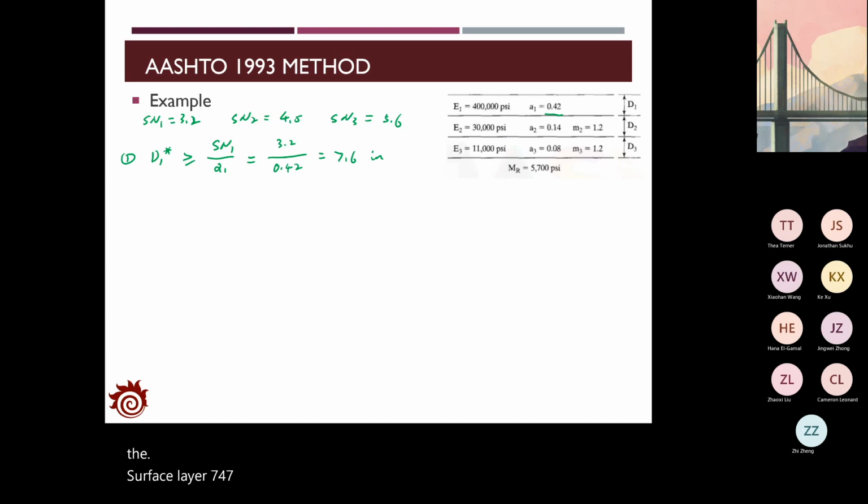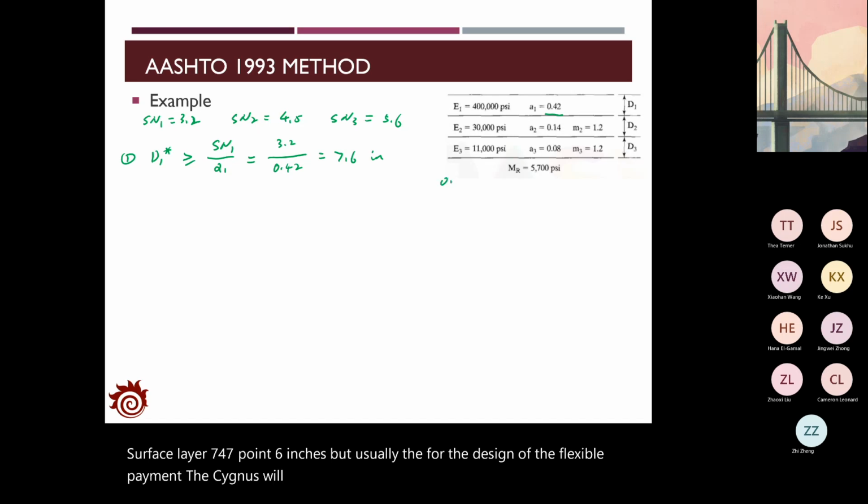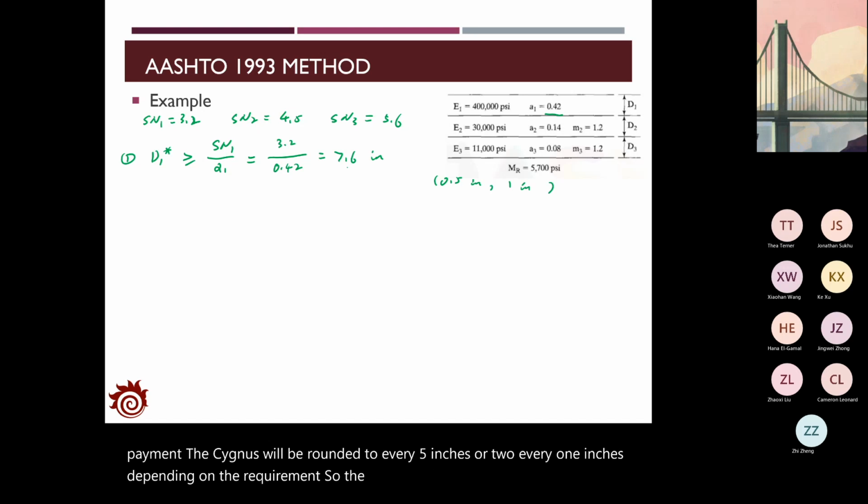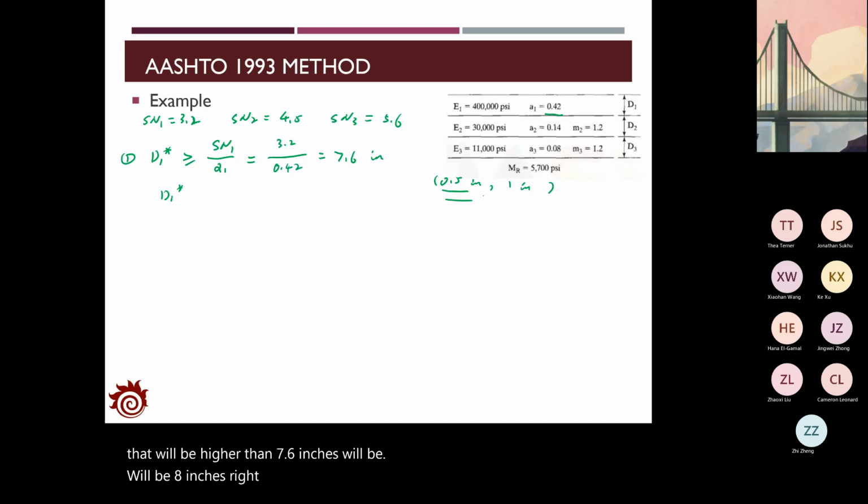Usually, for the design of flexible pavement, the thickness will be rounded to every 0.5 inches or every 1 inch, depending on the requirements. So the smallest value higher than 7.6 inches, if we choose the interval of 0.5 inches, will be 8 inches.